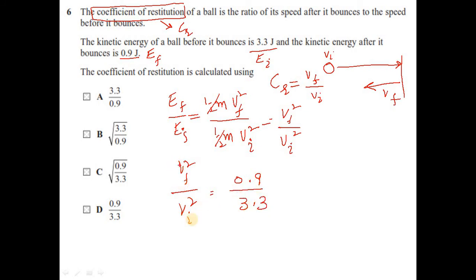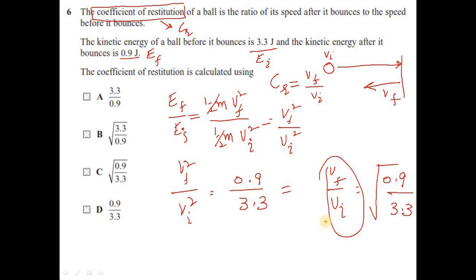If you take the square root, Vf over Vi is the square root of 0.9 divided by 3.3, and Vf over Vi is the coefficient of restitution. So your option is C.